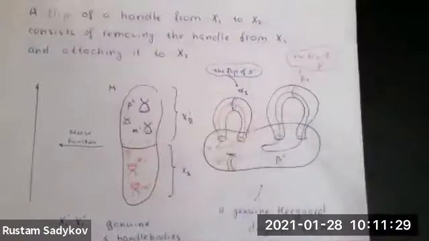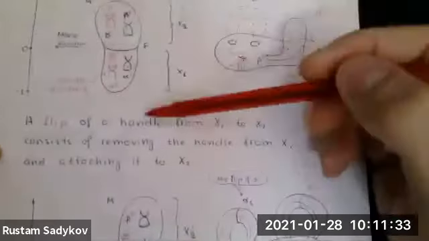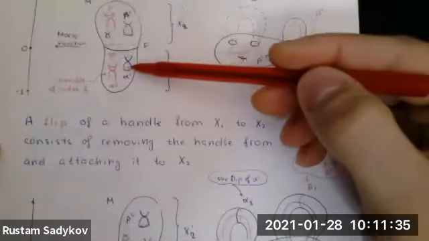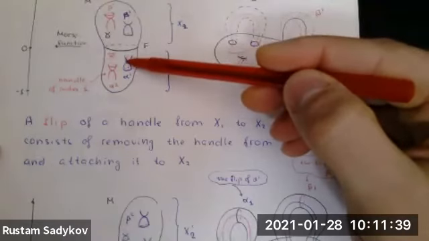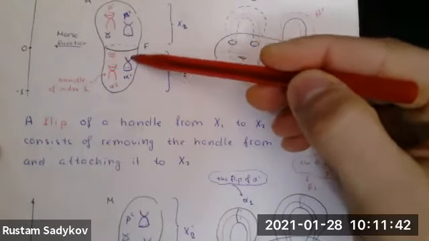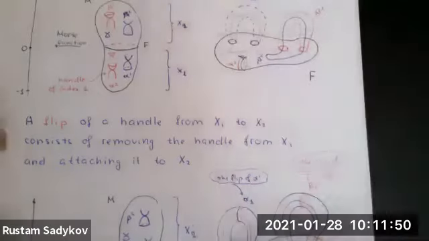After we take all the red handles down and all the blue handles up, after the rearrangement, we get something like this. Now, if you look carefully, what happens to the index of the handle? If you have a handle of index 1, it is attached along a 0-sphere. Then after you bring this handle up, it is attached along a one-dimensional circle.